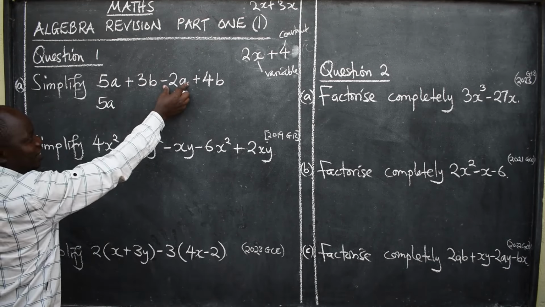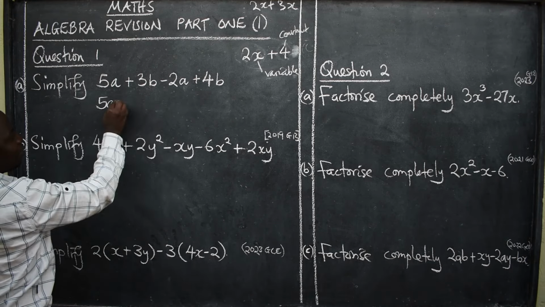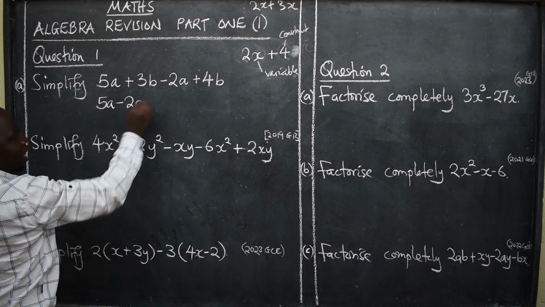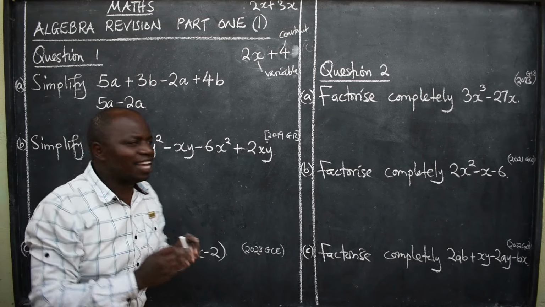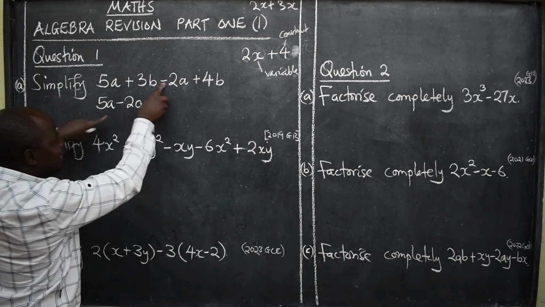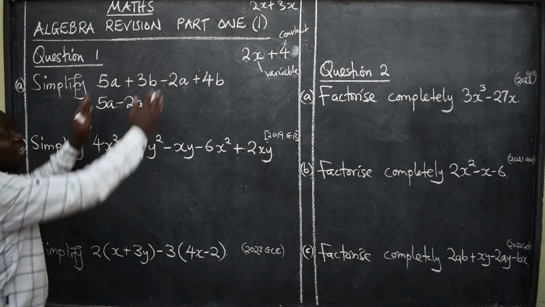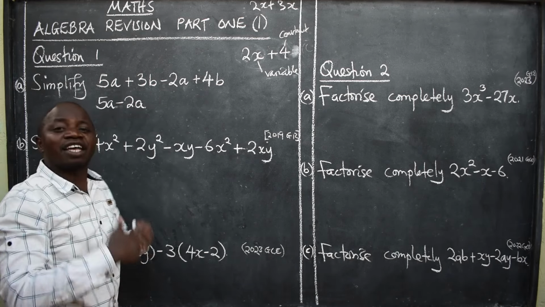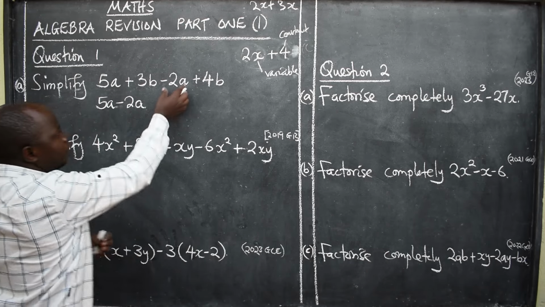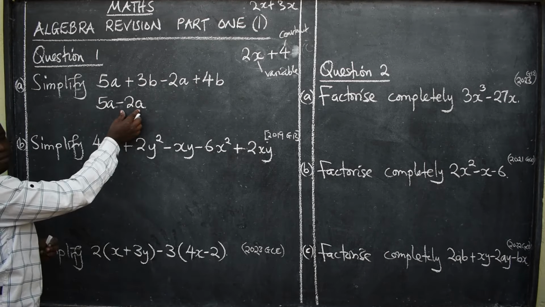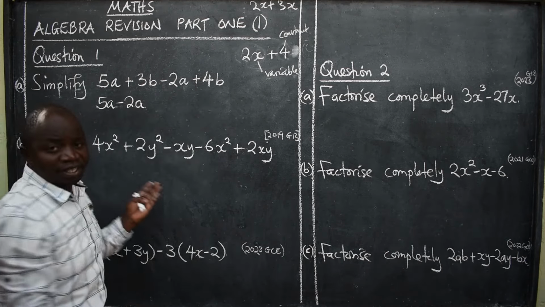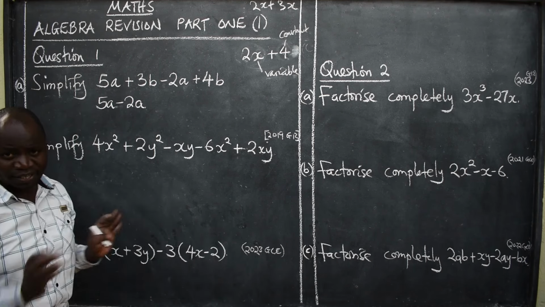So I'll get this, bring it here. So I'll say minus 2a. Don't change the sign. The way it is minus here, it should be the same. Don't change the sign. These are not equations. They are expressions. So you get it the way it is, put it there. Look for another one, there's nothing. So for a, that is that.